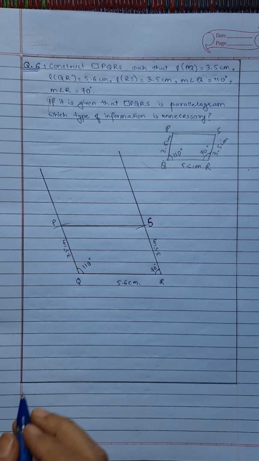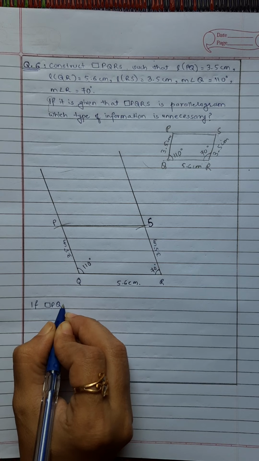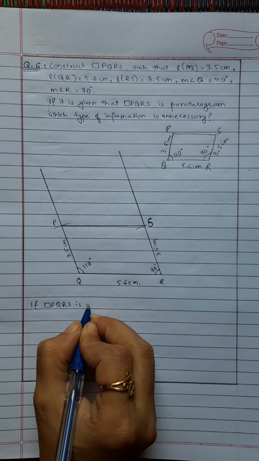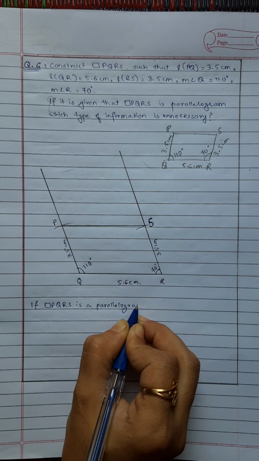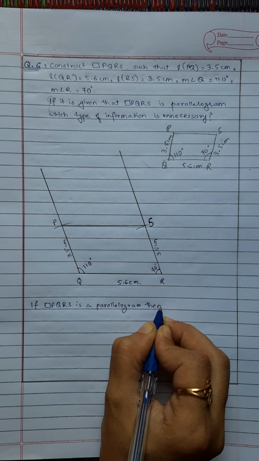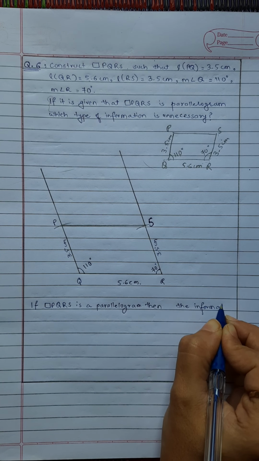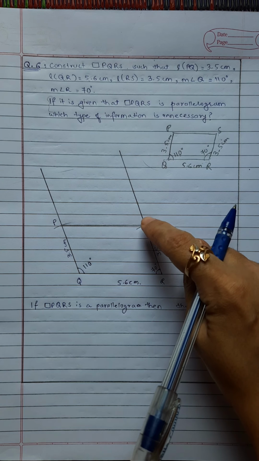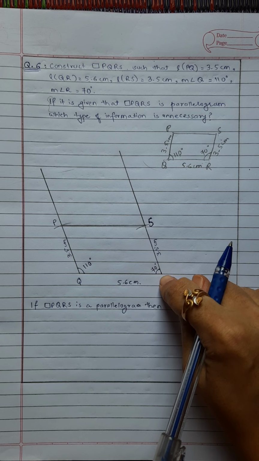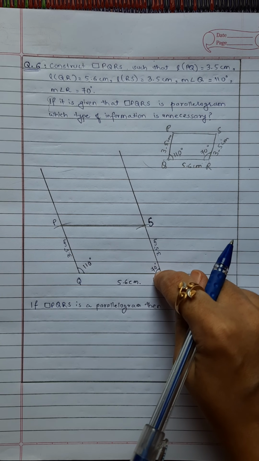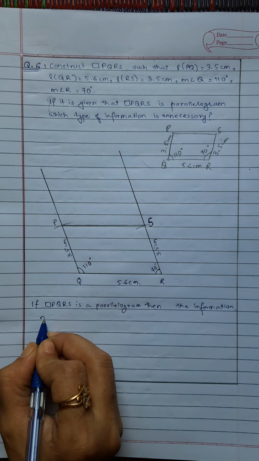How will we write it? We'll write it here: if quadrilateral PQRS is a parallelogram, then the information angle SRQ, it was mentioned that it is 70 degrees, this information is unnecessary, means angle R's information is unnecessary.